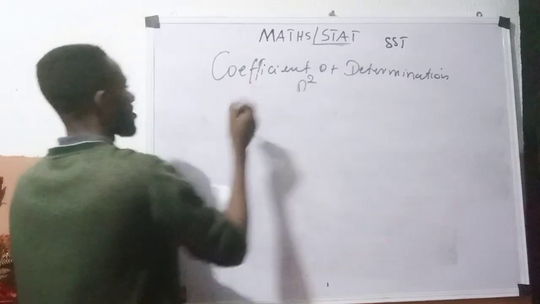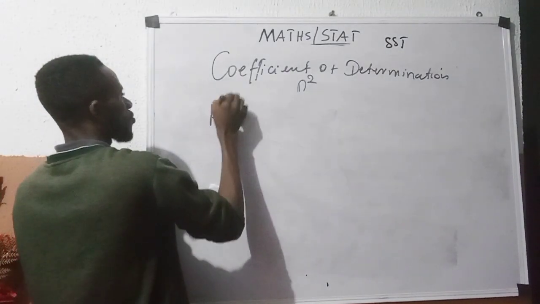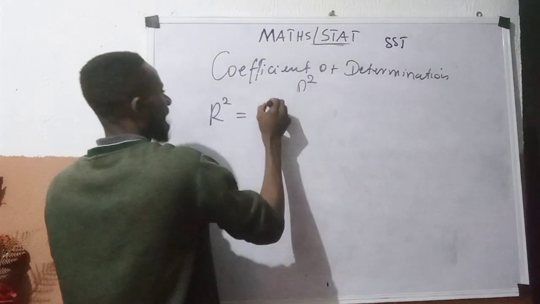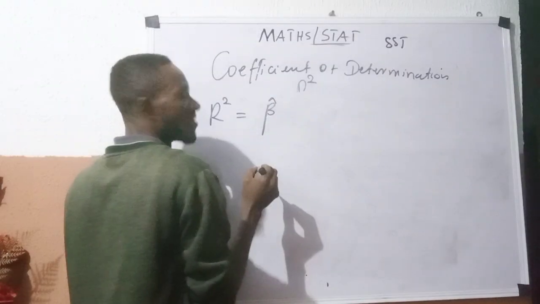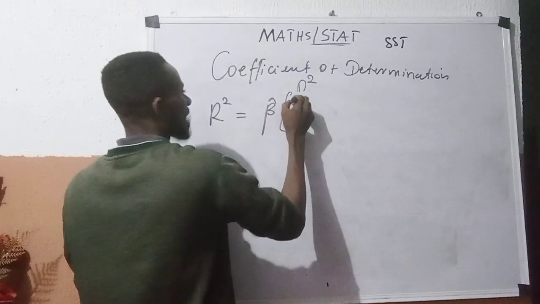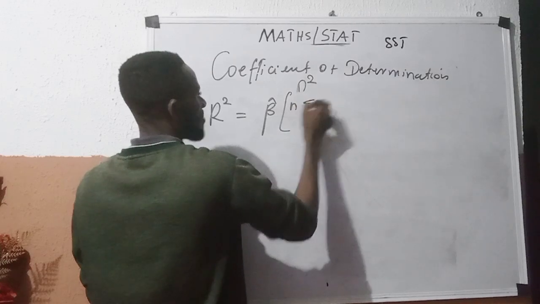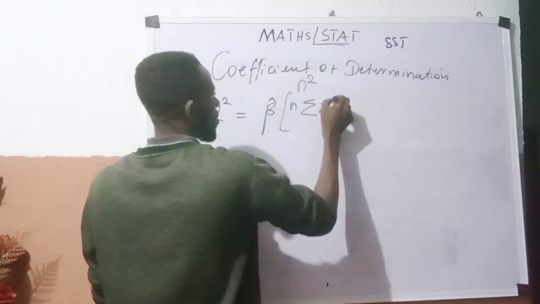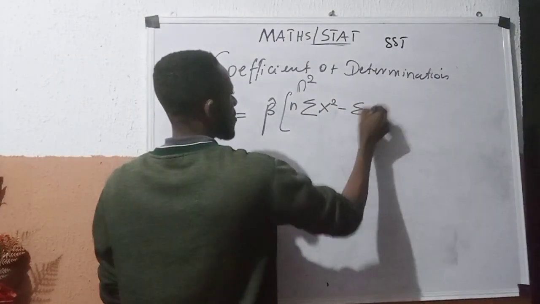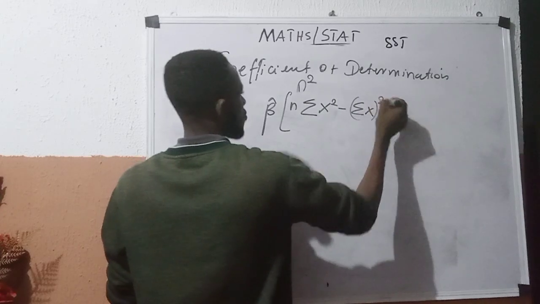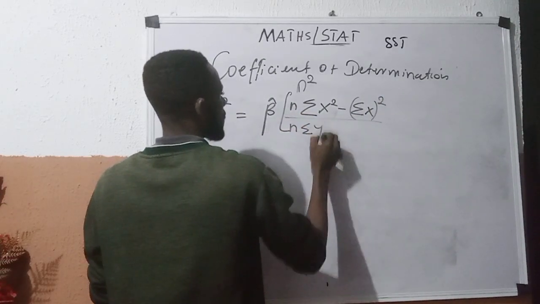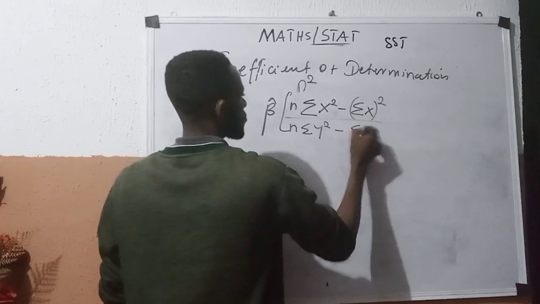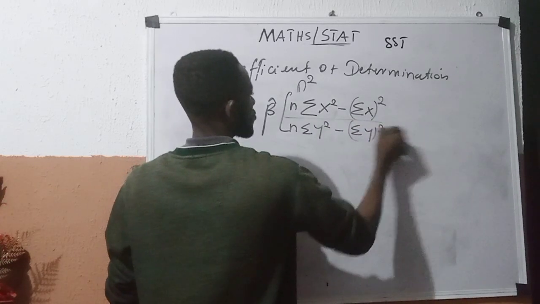So for coefficient of determination, we can talk about what R squared is given as. We have the beta estimate, then we open a bracket. We have n summation of x squared minus summation of x all squared, all over n summation of y squared minus summation of y all squared.